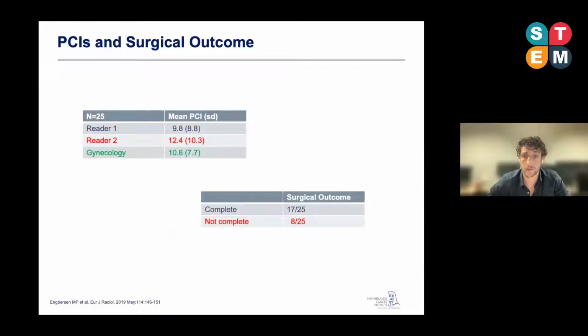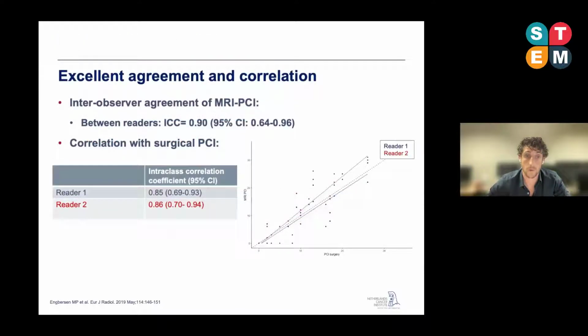In this patient cohort, 8 patients did have an incomplete surgery. And what we saw is that we had a really good intra-class correlation between the PCI that the radiologist thought it would be, and the actual PCI that the operating physician scored.